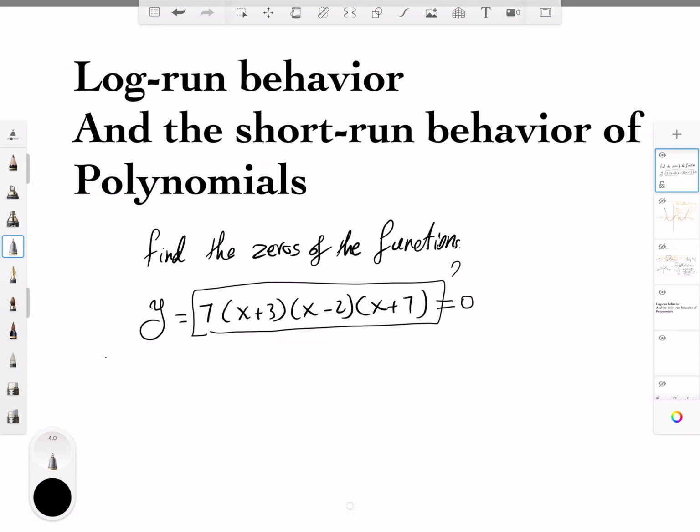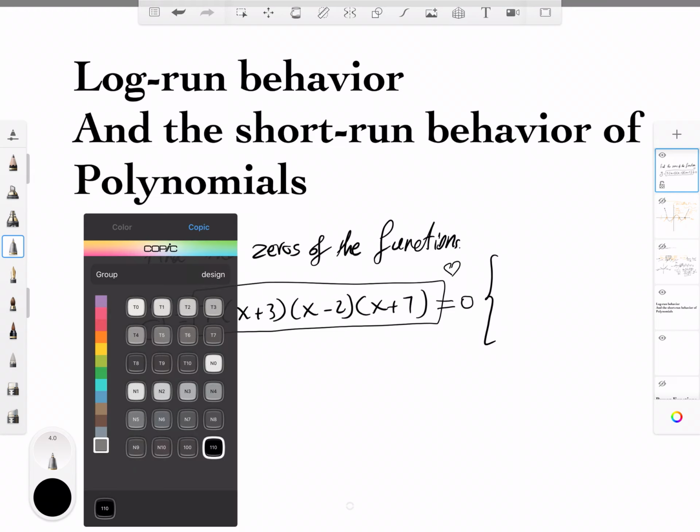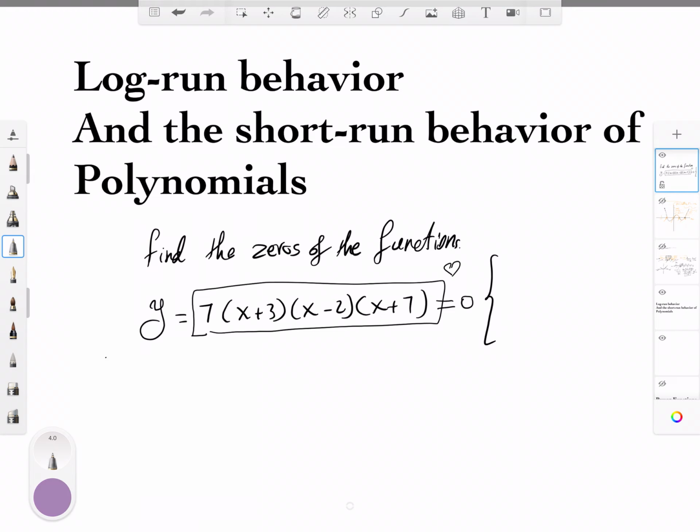Again, if it's in this form, which is great, it's a factored form already, that means we use the zero product property. We're going to say x plus 3 equals 0, or x minus 2 equals 0, or x plus 7 equals 0. So x equals -3, x equals 2, x equals -7.